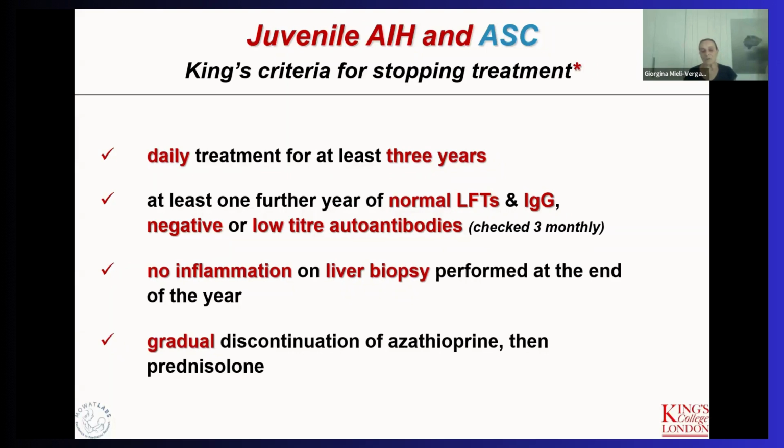And of course, when you discontinue, you need to follow up the patient really, really closely again to see whether there is a relapse. We never do this just before or during puberty, because we have, in our own experience, observed that there is a high rate of relapse just before or during puberty.